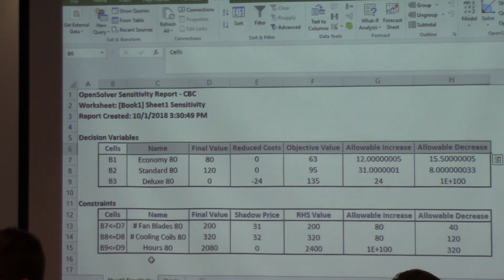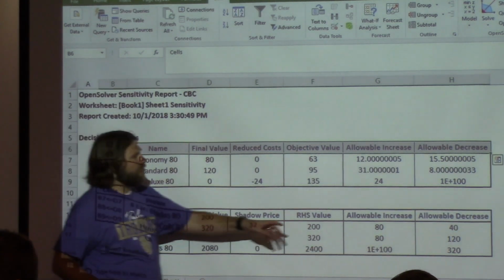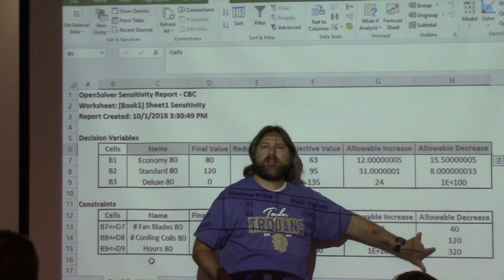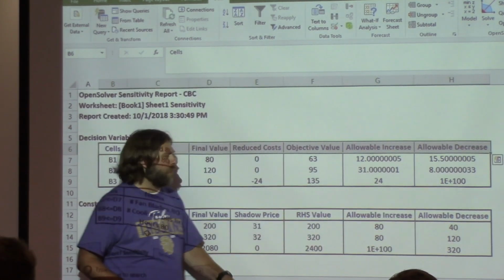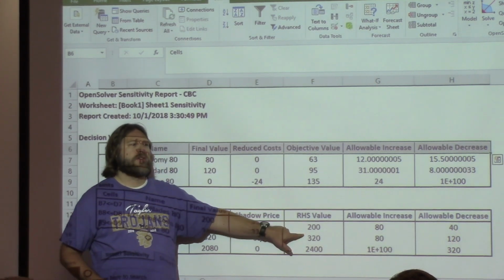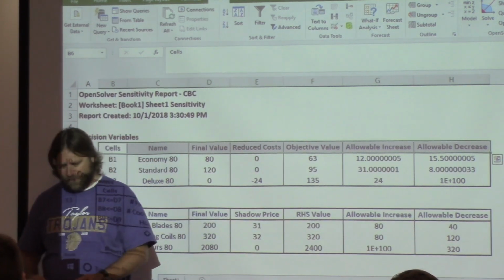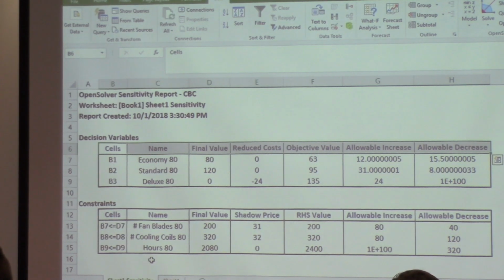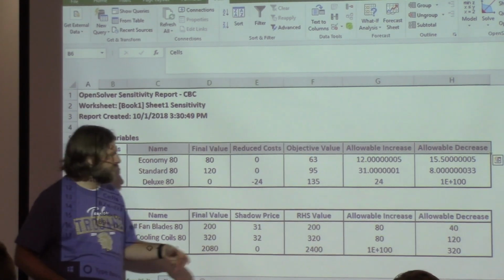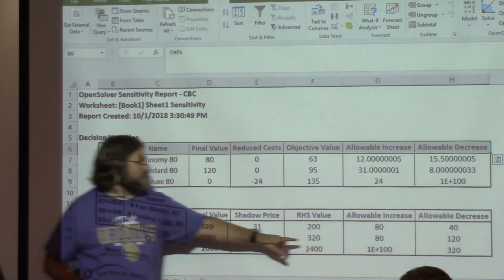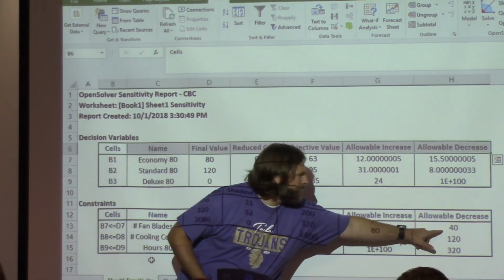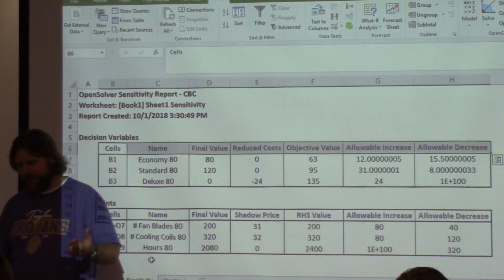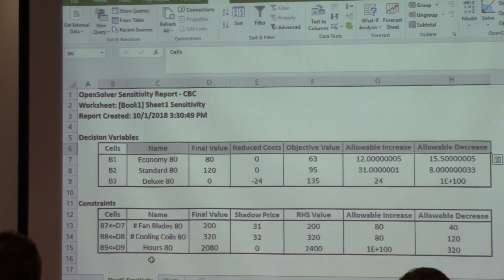For part C, now what we do is we use these right here to tell us what the ranges are for our right-hand side values where we don't change our binding constraints. So we can add 80 here, or we can subtract 40. So we get a range of 160 to 280 there. We have 200 to 400 for the second one, and 2080 or larger for the third one.